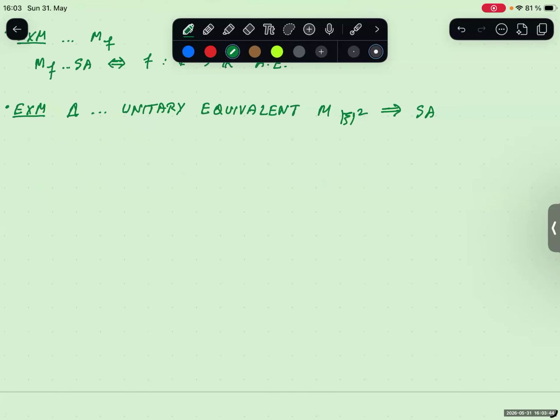Now we have also seen the domain of the multiplication operator by psi squared. Let me recall, it's better to recall now.